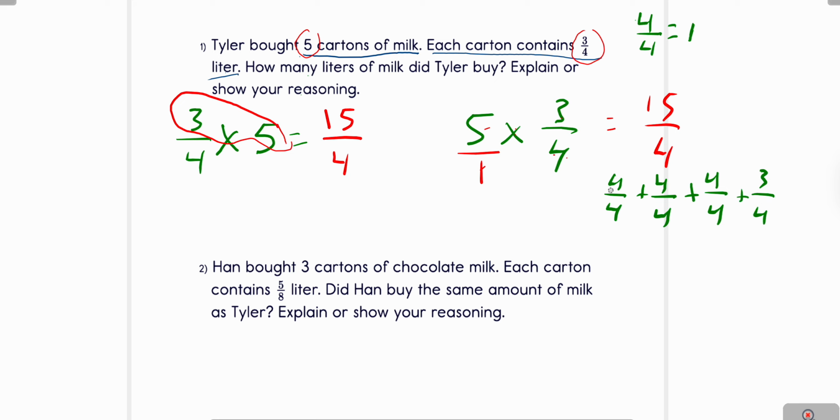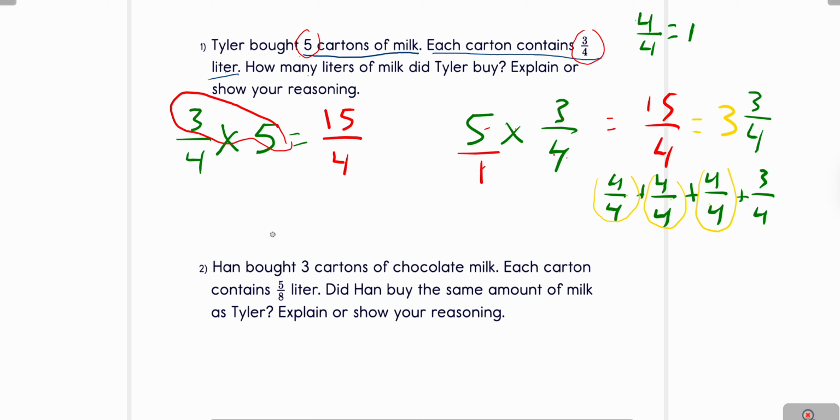So this is one whole. That's another whole. That's another whole. So 1, 2, 3. So this is equal to 3 wholes and 3/4. So 3 and 3/4. So this answer is okay, or this answer.